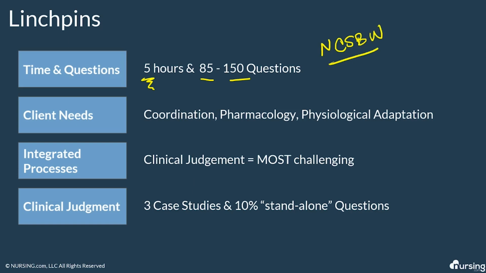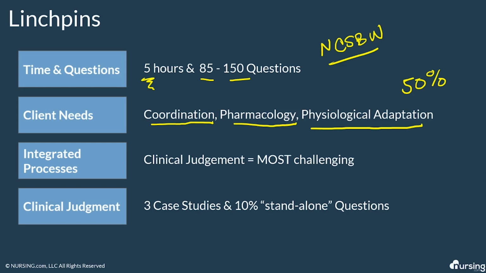It will take you to the National Council of State Boards of Nursing. Now, remember, under those 8 categories of client needs, coordination of care, pharmacology and parenteral therapies, and physiological adaptation make up about 50% of your test. So make sure you know not only where you need to grow and where your weak areas may be, but also where to spend the most chunk of your time studying.